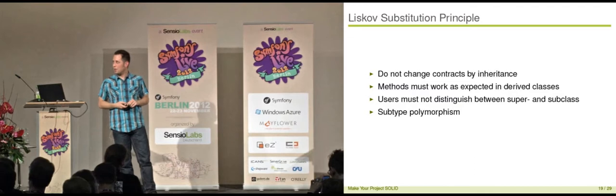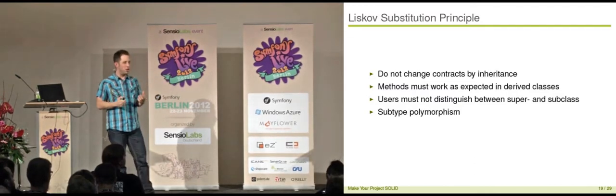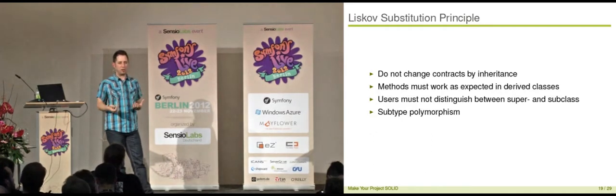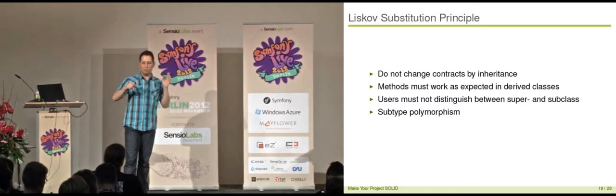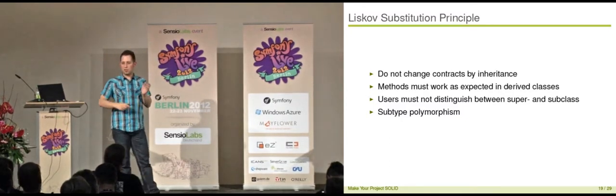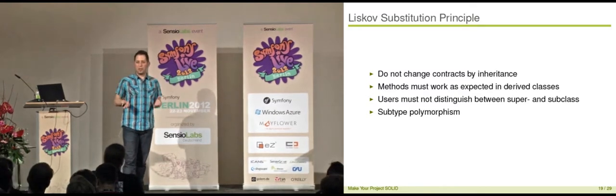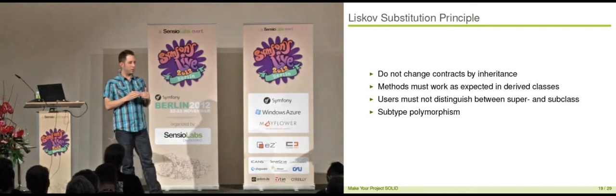Okay. So the essence of the Liskov substitution principle is that you should not change the contracts of your base classes by inheriting from them and changing how the method reacts. Of course, you should change how the implementation looks, what the details of the implementation are, maybe the service with which your classes communicate, but do not change the behavior that is expected to the outside.